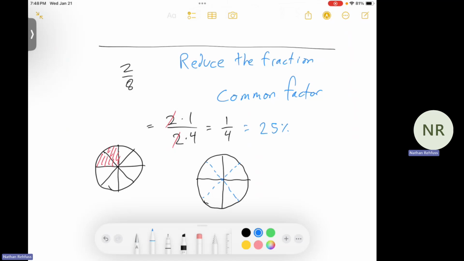So I'm getting rid of the diagonal cuts and saying, now the pieces are twice as large, so I only need to take half as many to have the same amount of pizza, 25% of the pizza. The pieces are twice as large, there's 4 pieces instead of 8, and I only need half as many, 1 instead of 2. So 1 of the 4 pieces would be the same as 2 of the 8 pieces. That's what's happening when you're reducing a fraction.